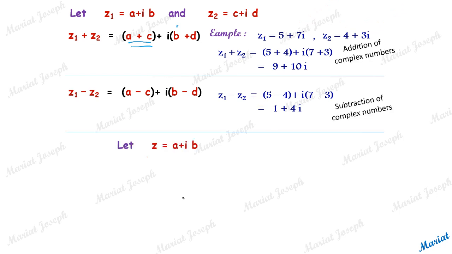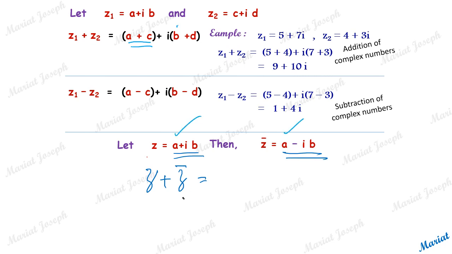Then next, if Z is a complex number A plus IB, Z conjugate is A minus IB. This was mentioned earlier also. Now, if you add two complex numbers that are conjugate to each other, that is a complex number plus its own conjugate, what happens? Real part plus real part is A plus A, that becomes 2A.